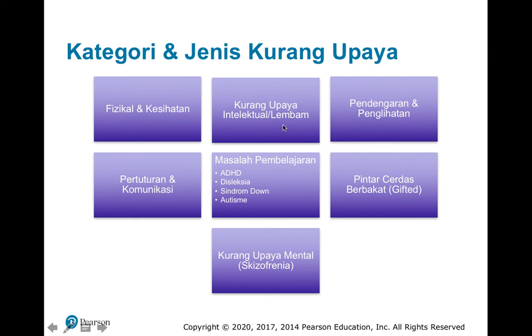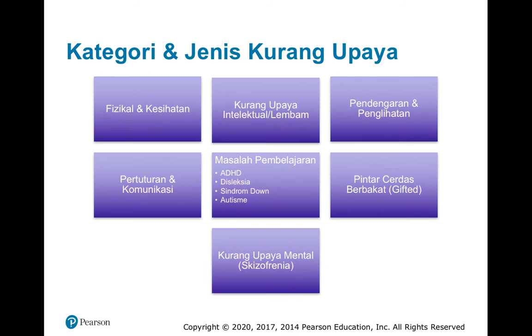Okay. Kurang upaya intelektual atau lembam, pendengaran dan penglihatan, okay, pertuturan dan komunikasi, serta masalah pembelajaran ada ADHD, disleksia, sindrom Down dan autism. Kemudian kita ada satu grup yang panggil pintar cerdas berbakat atau gifted student, dan kurang upaya mental, contohnya skizofrenia.